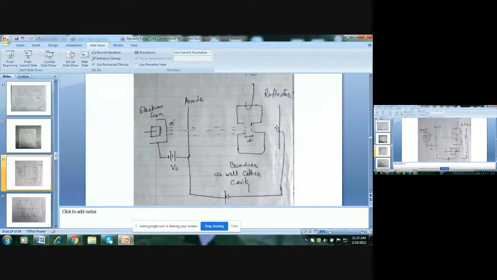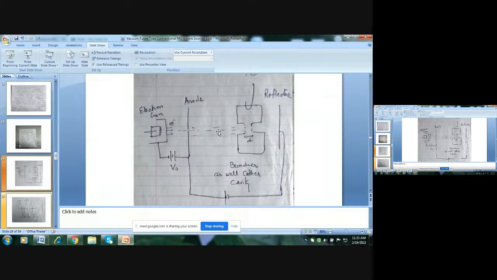But when the electrons reflect back, the field at this cavity grid is positive and this is negative, but the RF field which we have plotted is of this first grid. So we are plotting the RF field for the first grid.